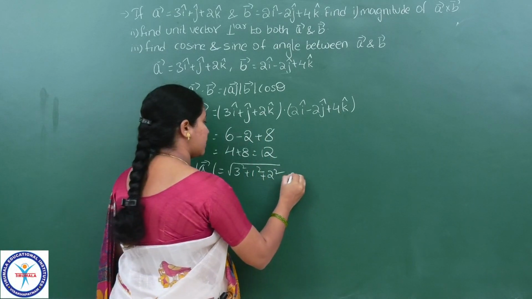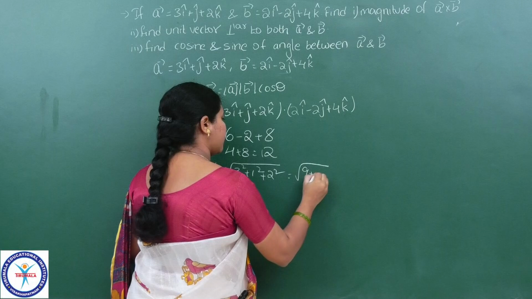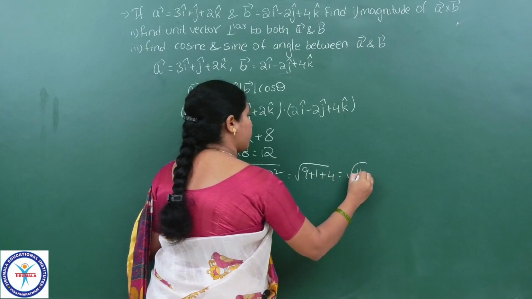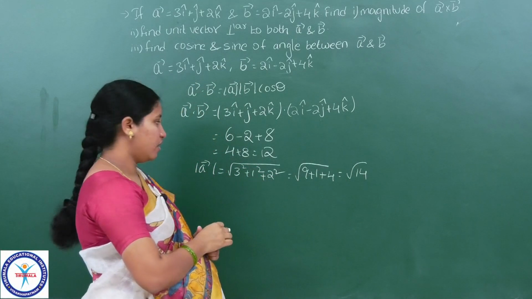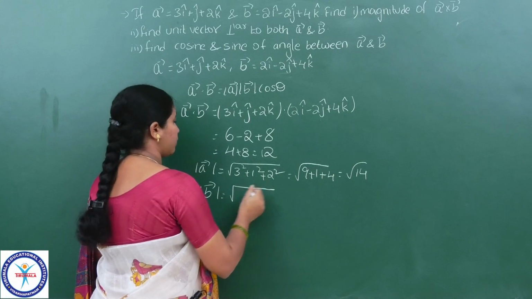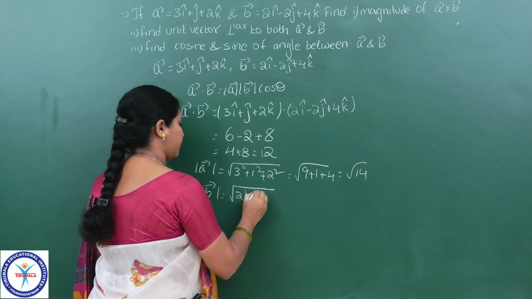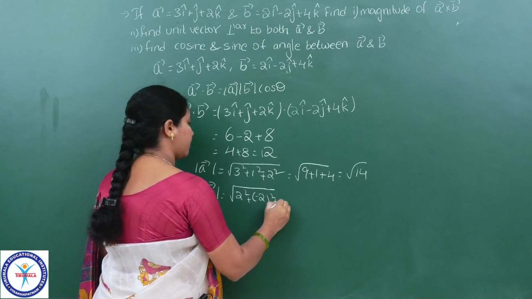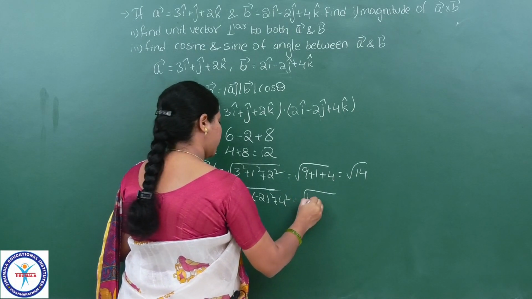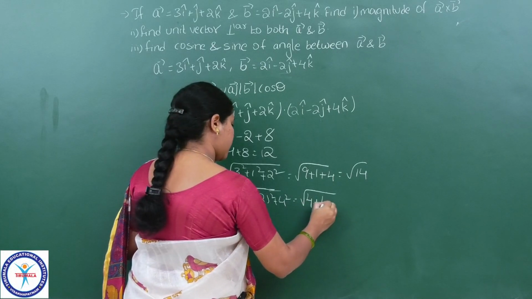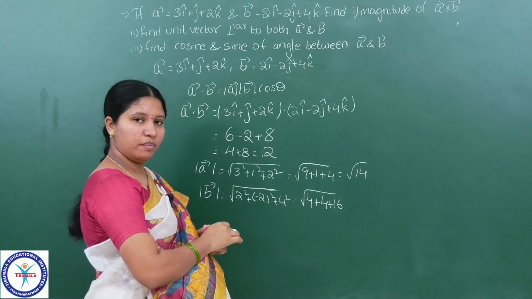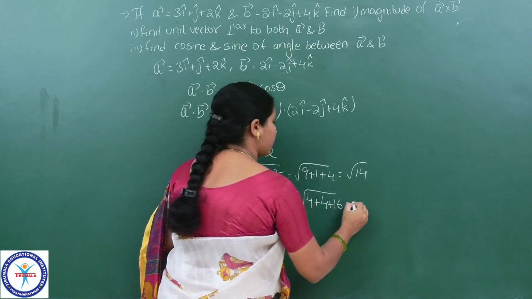So 3 square gives us 9, plus 1, plus 2 square is 4. So we get root 14. Let us find mod B bar, equal to square root of 2 square plus minus 2 square plus 4 square. 2 square is 4, minus 2 whole square is 4, and 4 square is 16. 16 plus 8 gives us root 24.